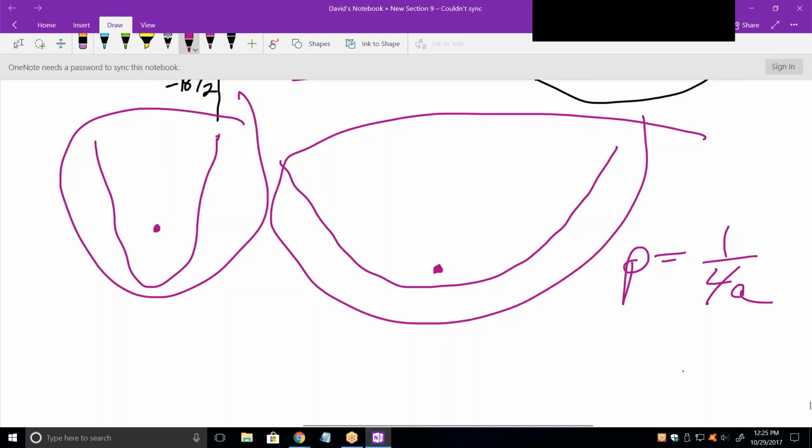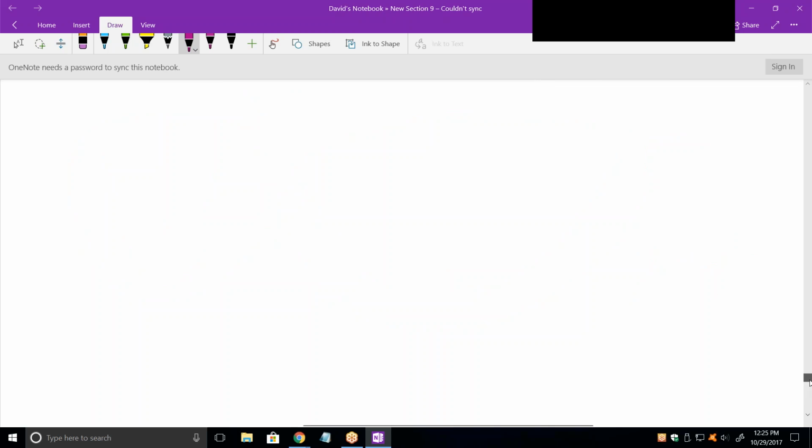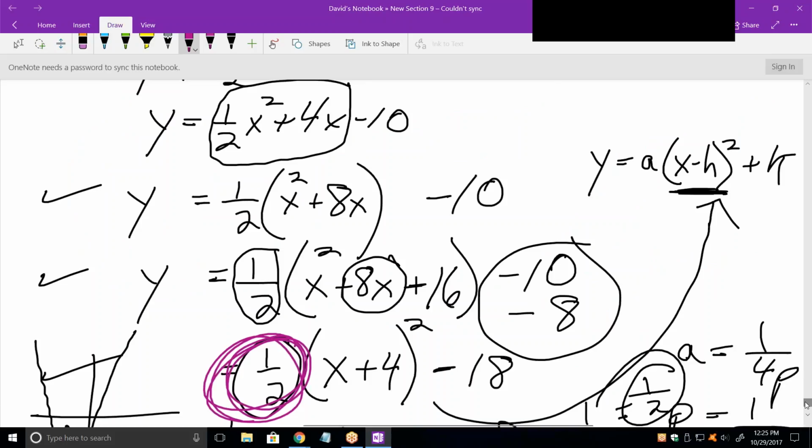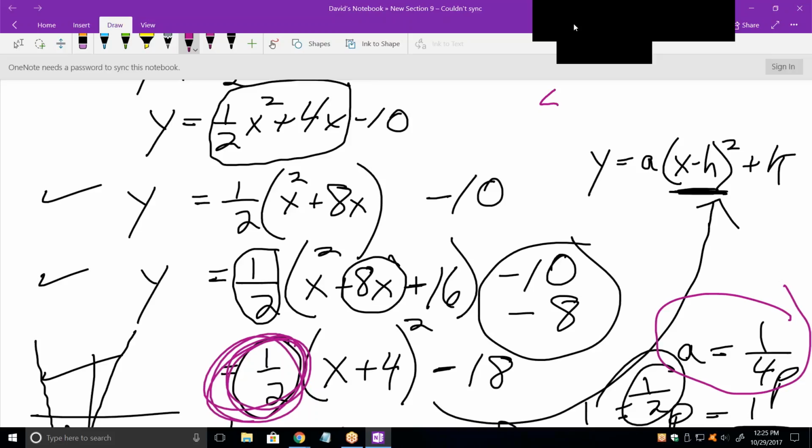Now, we did that entire problem starting with vertex format. We never did go to the format that uses P, because all we used was this equation right here: A equals 1 over 4P. And you can always do that. There's nothing that prevents you from doing that every single time. You don't have to go to this format that says 4P times Y equals X minus H squared plus K. That's the other format they want to teach you.